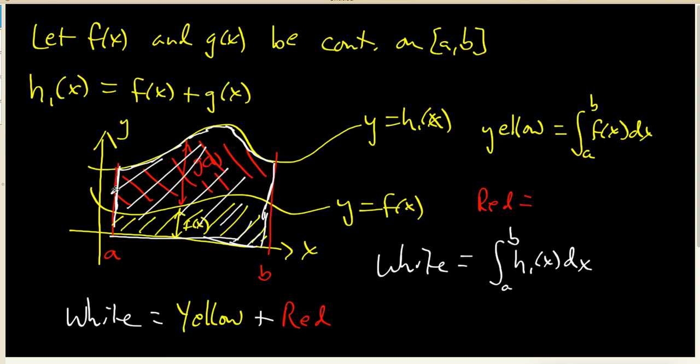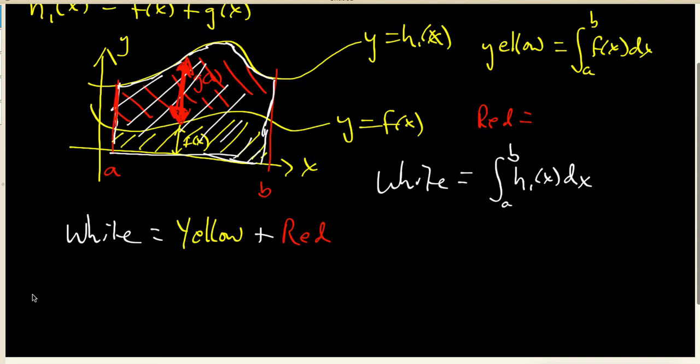So I want to focus in on that red area in a little more detail. What I want to notice about that red area, which I'm highlighting with this big red arrow, is that the height of that red area is always going to be g of x.